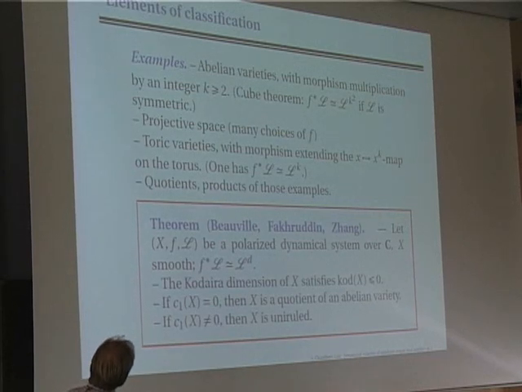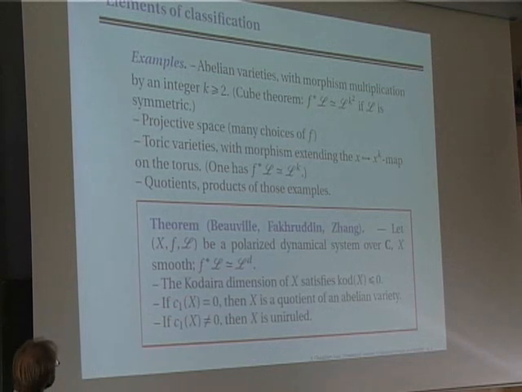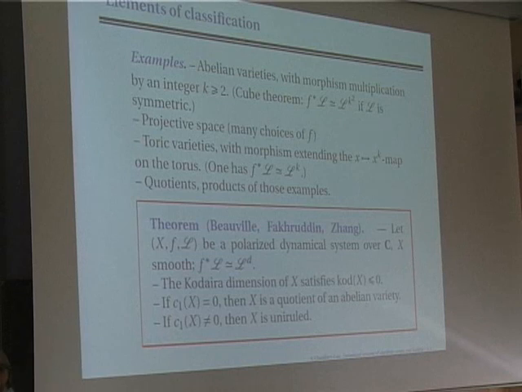So some examples are as follows. Abelian varieties with the morphism multiplication by an integer k greater than 2.